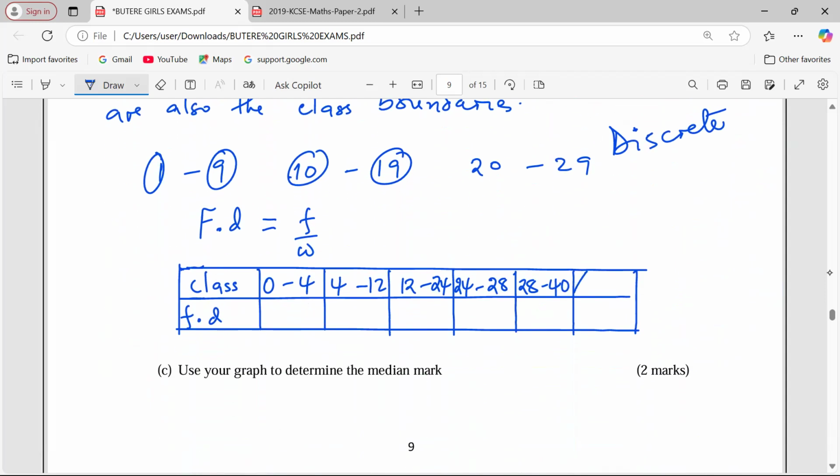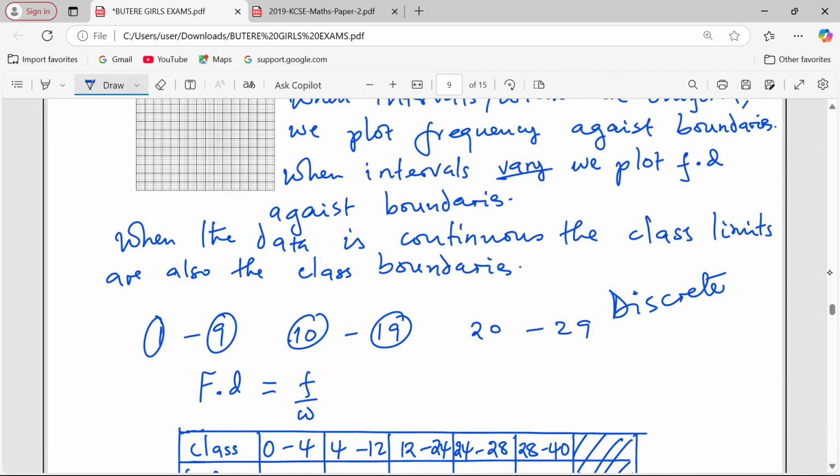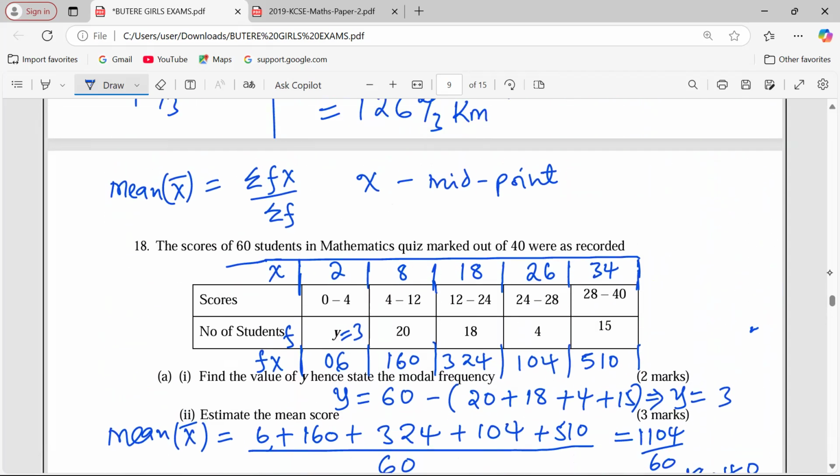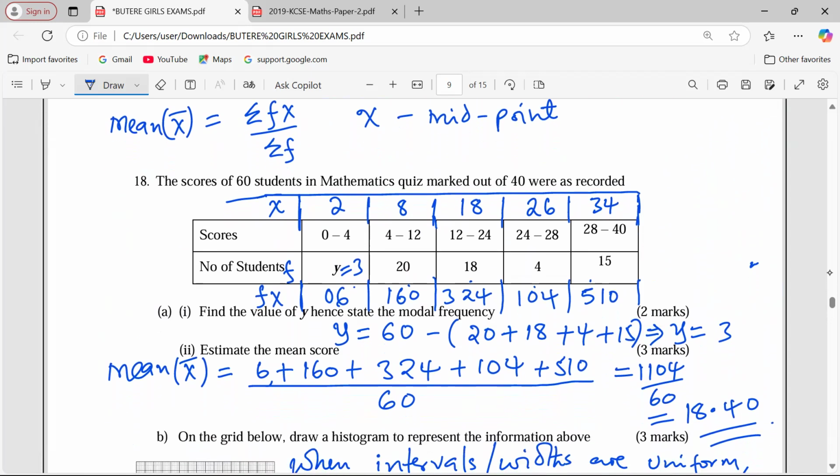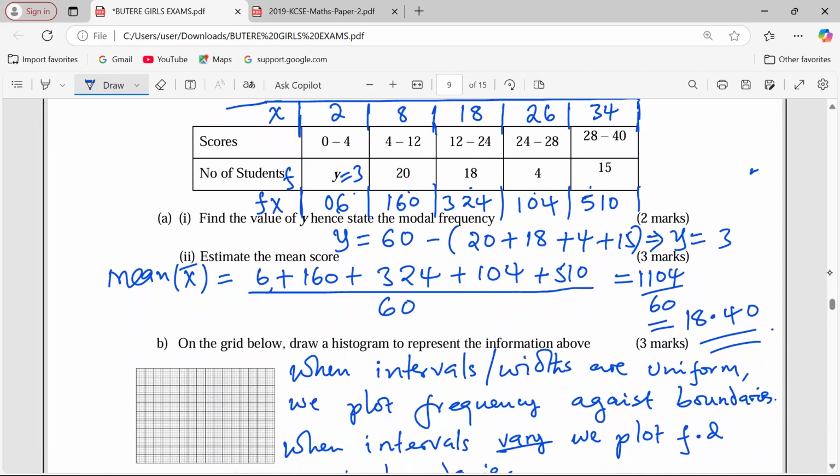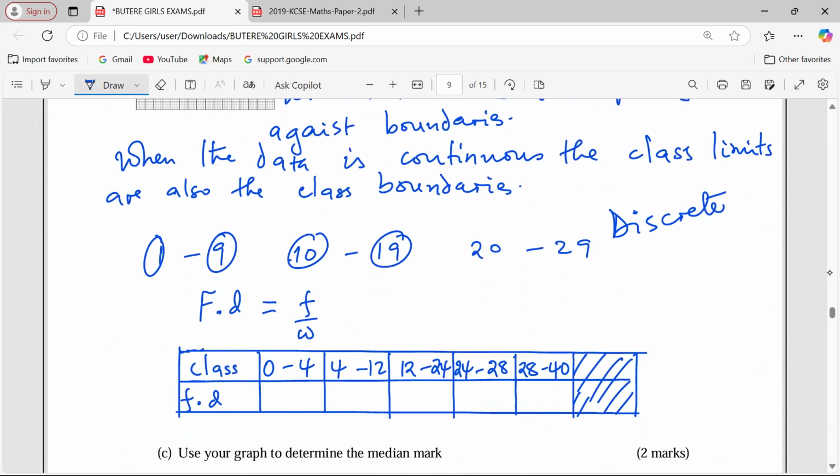So the classes are that way. 1, 2, 3, 4, 5 classes.